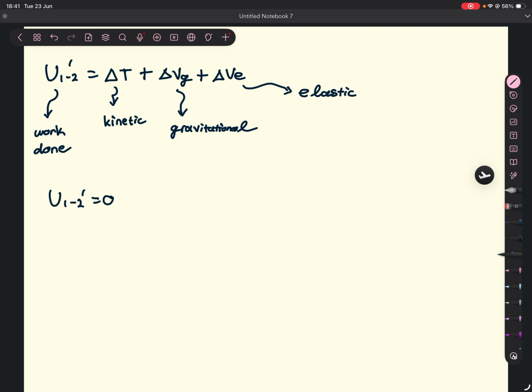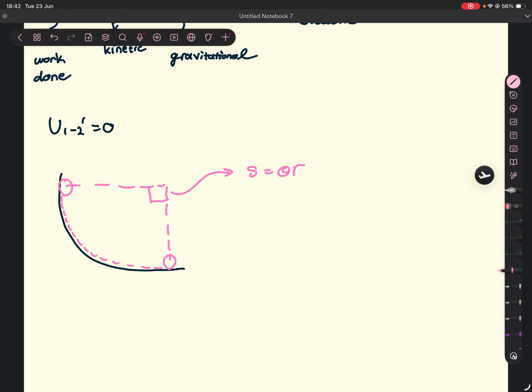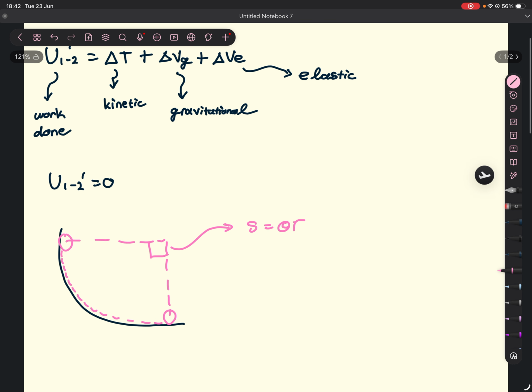So if they asked you to solve for that, you would need to find this arc length, which is possible to solve for. Like let's say this was 90 degrees, then the arc length will be theta multiplied by r, right? But if they don't give you that information, then you can't solve the problem using work energy, right?